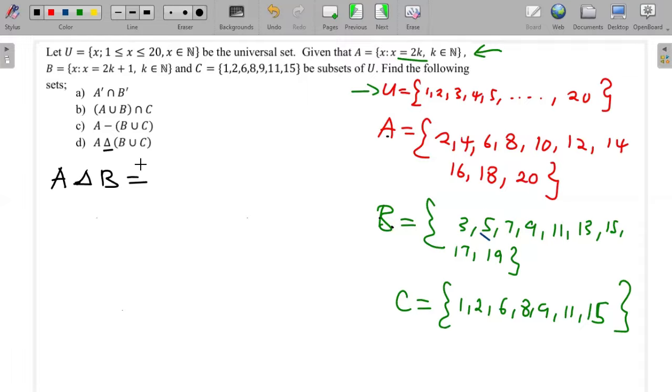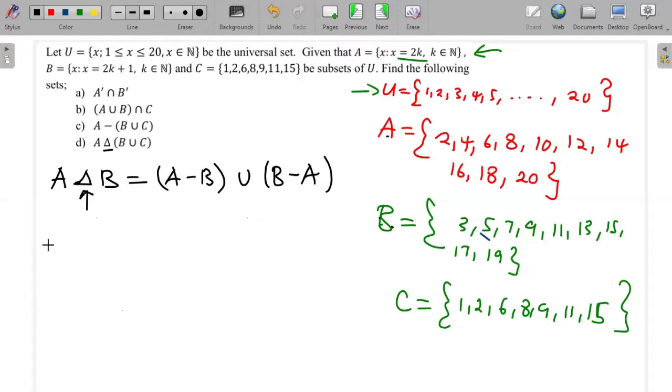Maybe A minus B, union B minus A. Yes, that's the symmetric difference. So we do A minus B, and then on the other side, we say union B minus A. That's what this symbol means.